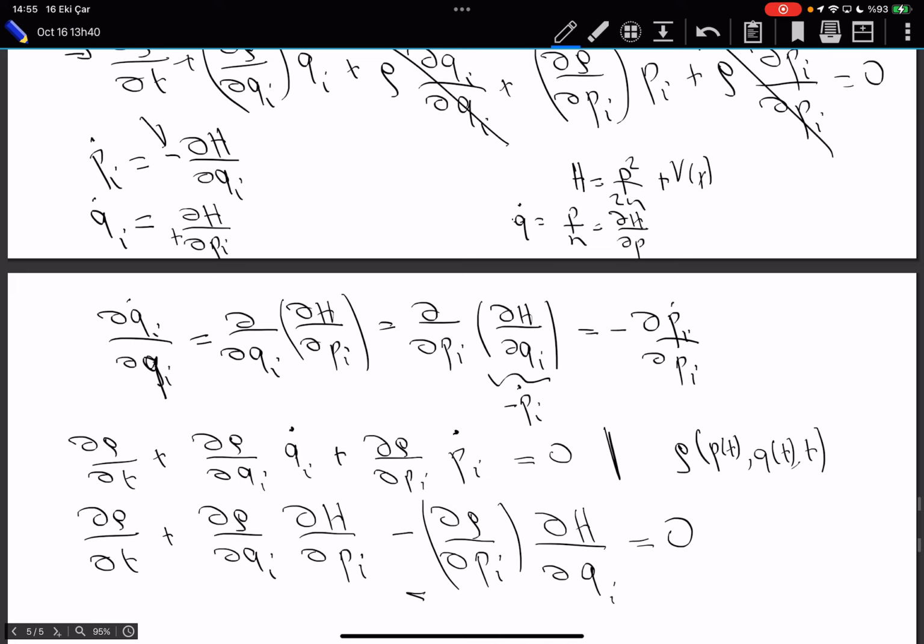I'm in my moving frame, moving with my point, and I'm asking how does the density change as I move with my point. So if I take the total derivative, this function now depends on t only, because p is a function of t, q is a function of t, and there might be explicit t dependence also. Then I can ask the question, what is the total time derivative?